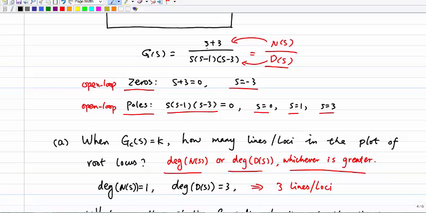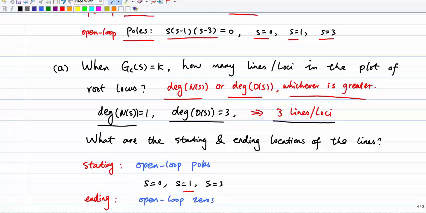The highest order for the numerator is 1, since s is s to the 1. The degree of D(s) is 3, because after multiplication the highest power is s cubed. The greater of the two is 3, so I have 3 lines, 3 loci.